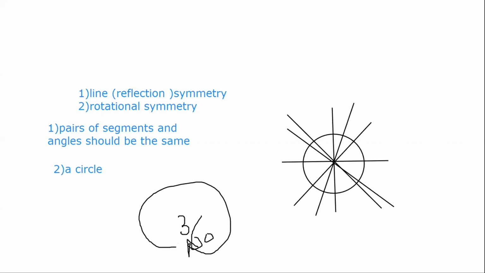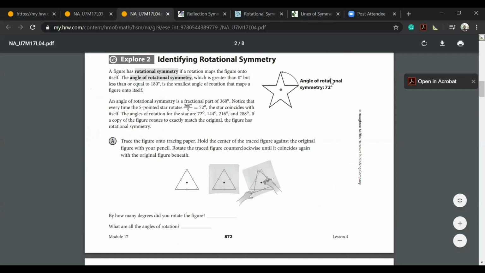So to find the angle, what are you always going to do? Looking back to our object here, the star, ask yourself, how many parts do we have in a star? I have 1, 2, 3, 4, and 5. We have 5, right?